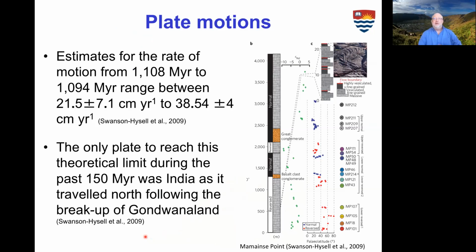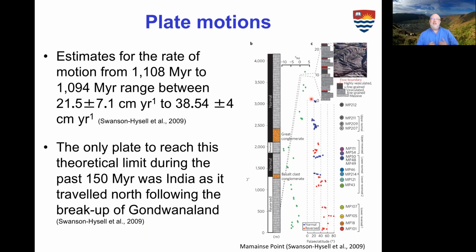What's perhaps more interesting is some of Nick Swanson-Hysell's work. Nick has been doing really detailed paleomag combined with geochronology on a bunch of the volcanic sequences around the rift. This is the Mamainse Point sequence here, which is down at the southeast end of the lake near Sault Ste. Marie, and he's done a really detailed paleomag study in through here.